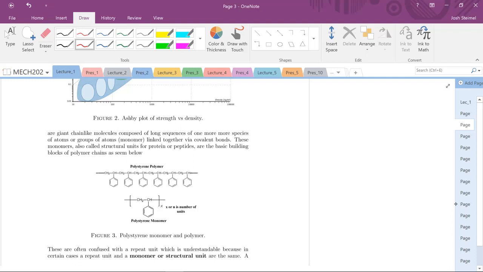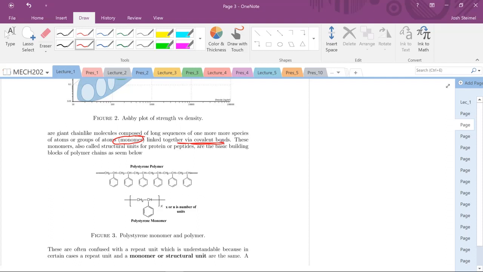The key thing is that these polymers are composed of a sequence of units called monomers. They're usually linked together with covalent bonds. There are some exotic ones, but those are the ones we're going to see, and usually they're organic also, so we're going to be dealing with carbon, hydrocarbons.